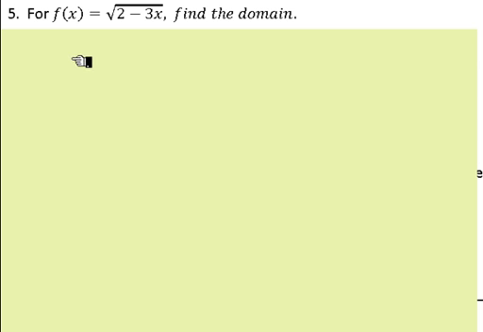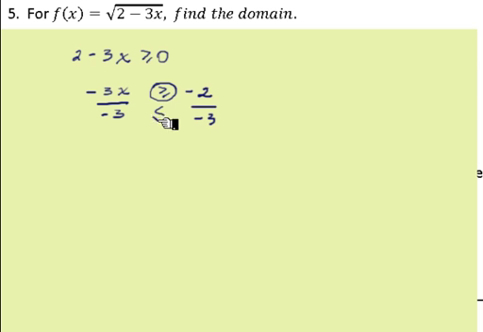So in other words, we want to make sure that 2 minus 3x is greater than or equal to 0, and those x values will be in the domain. All right, so subtract 2 from both sides. We are solving this inequality over here. Now divide by minus 3, and remember that when we divide an inequality by a negative, the direction of the symbol is reversed.